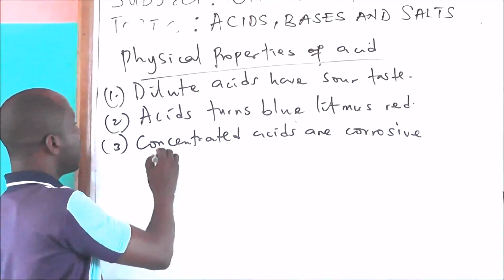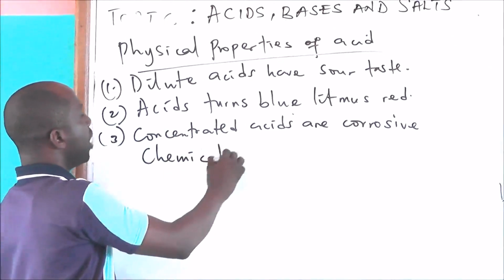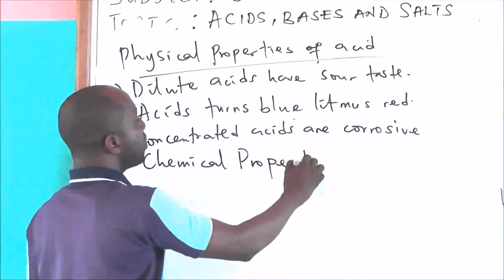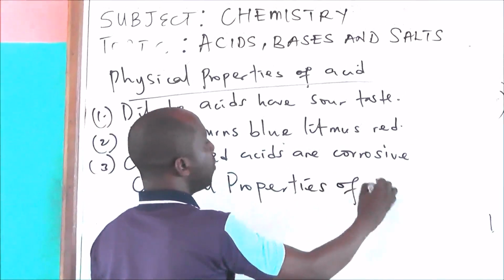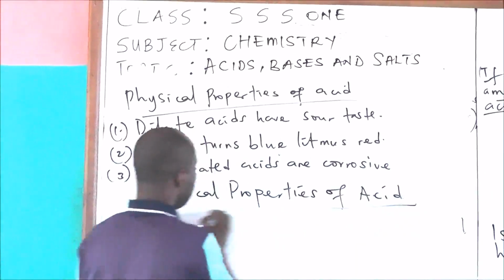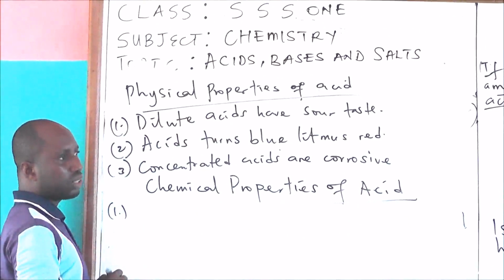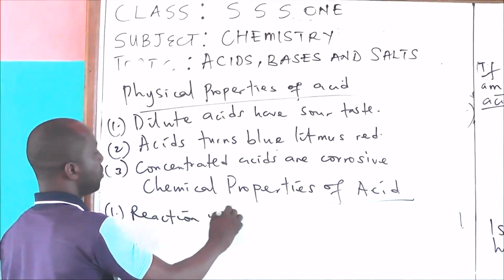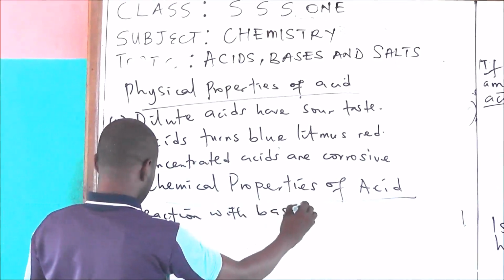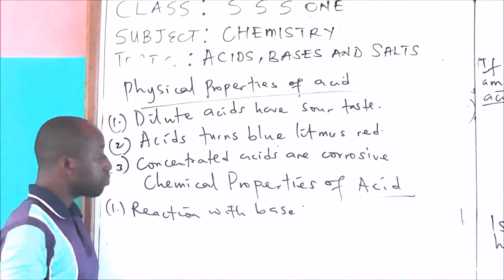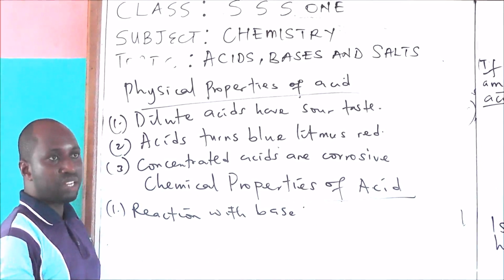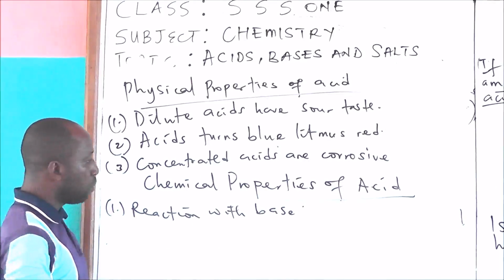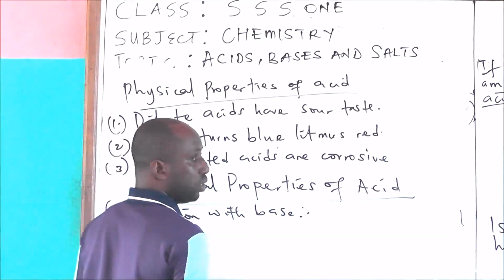Now let's look at the chemical properties of acid. Number 1, the reaction with base. When acid reacts with base, the end product will be salt and water only.